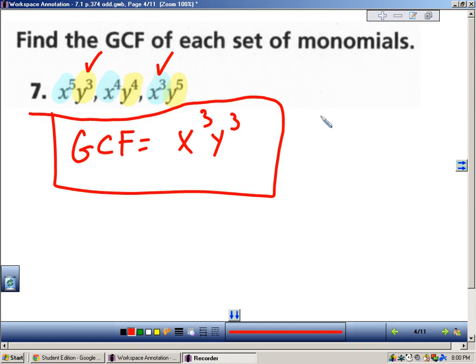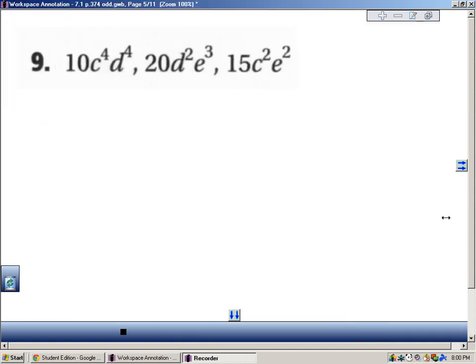Okay? Next question. Same idea. I'm going to break this down. 2 and 5. 20, 4 times 5, which is 2 times 2 times 5. And 15 is 3 times 5.